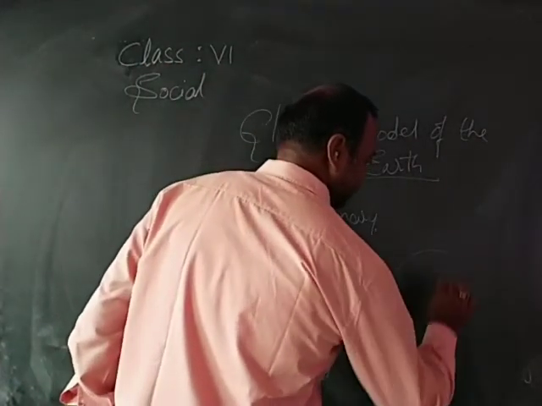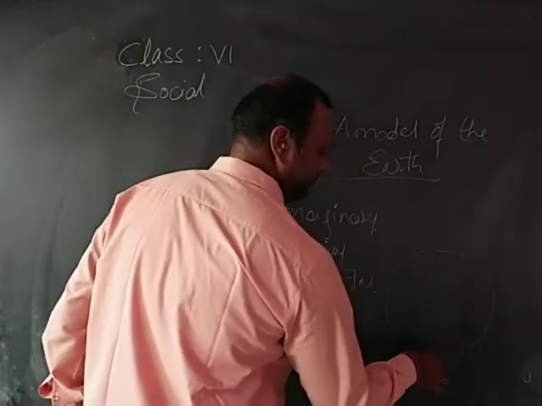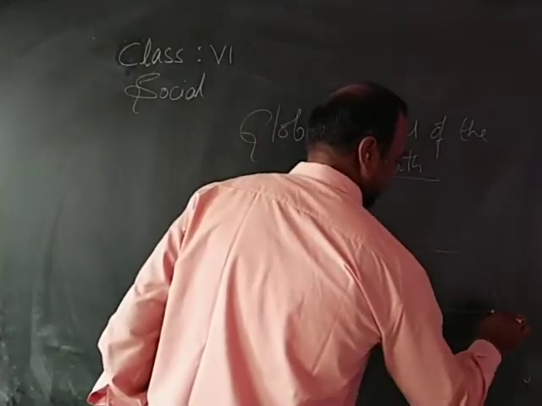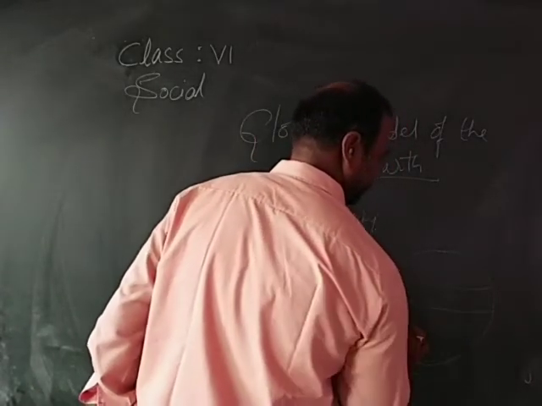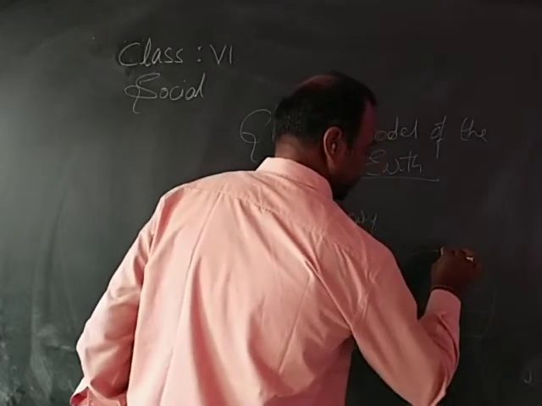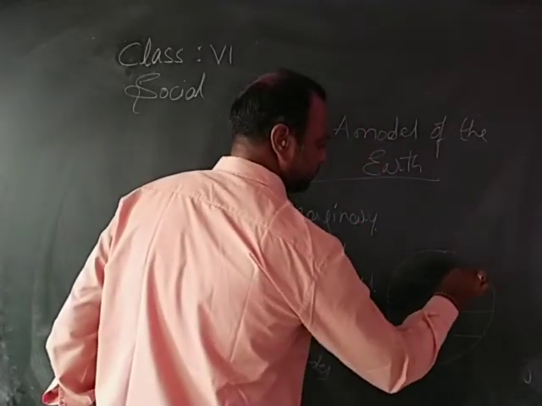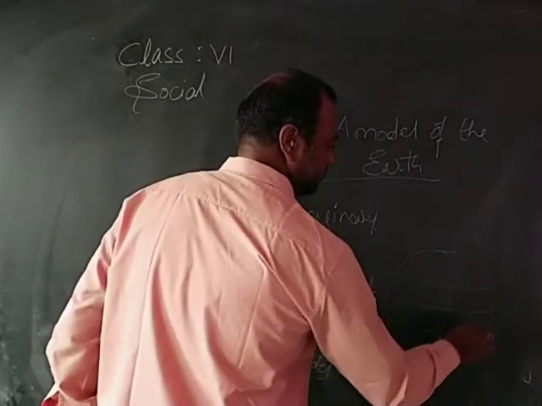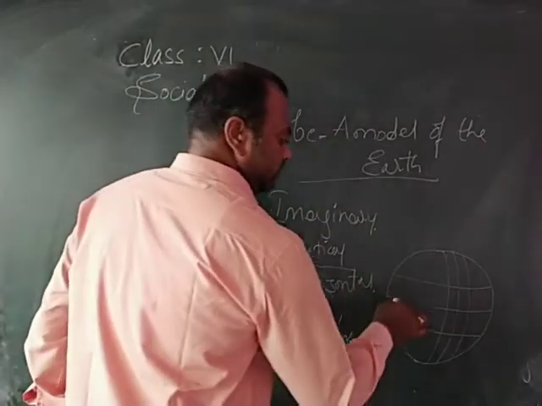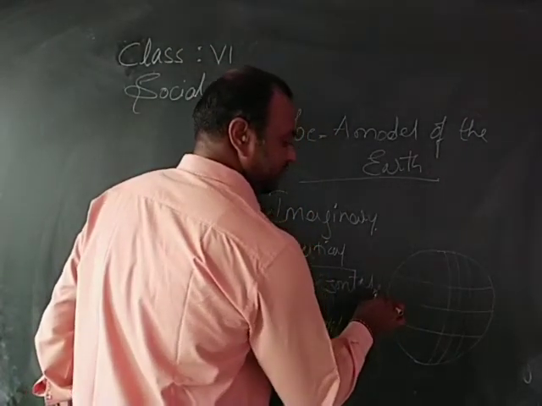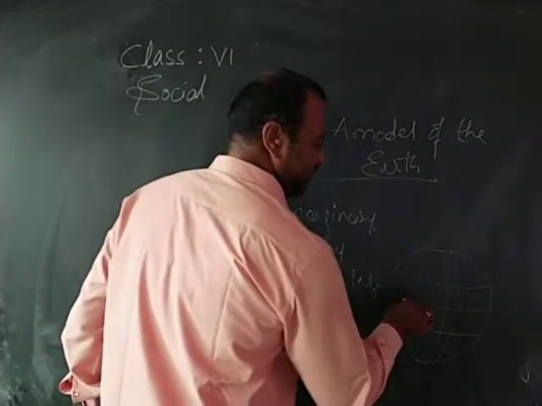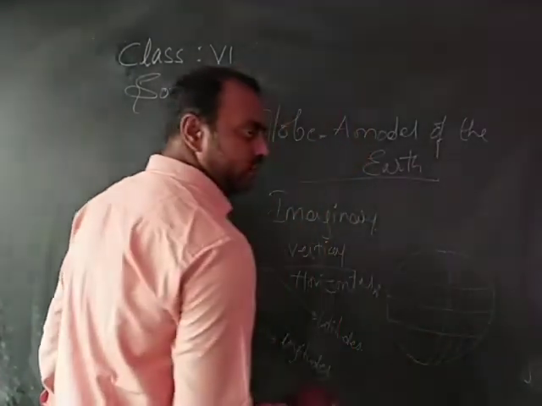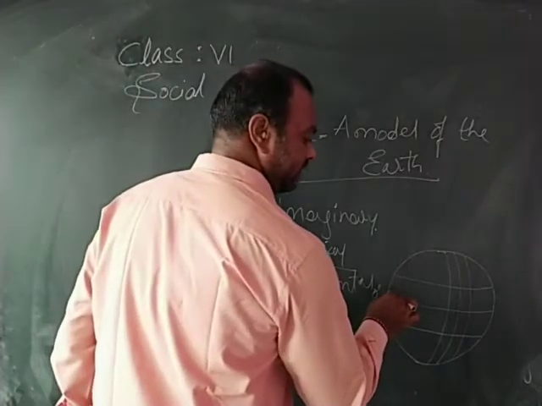Imagine this as a globe, and these are the latitudes and these are the longitudes. The latitude which passes through the center of the globe is the 0 degrees latitude.